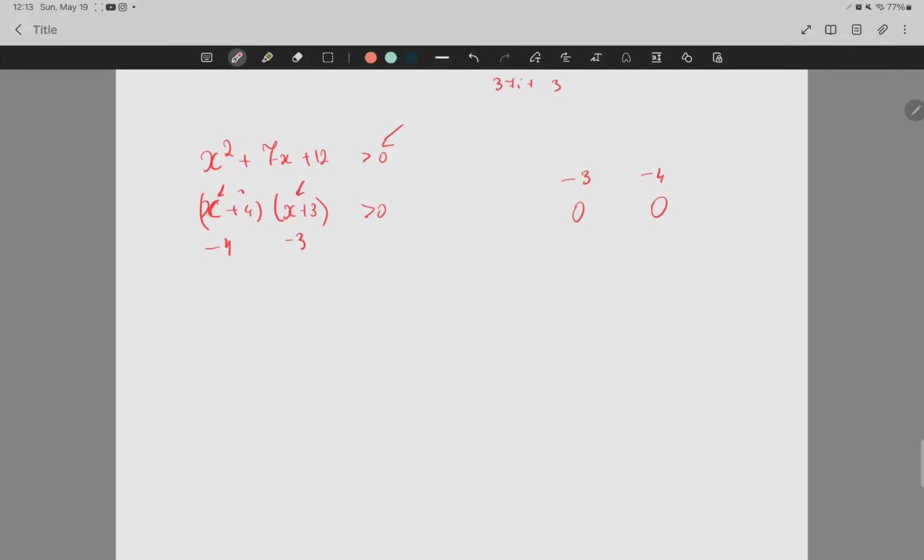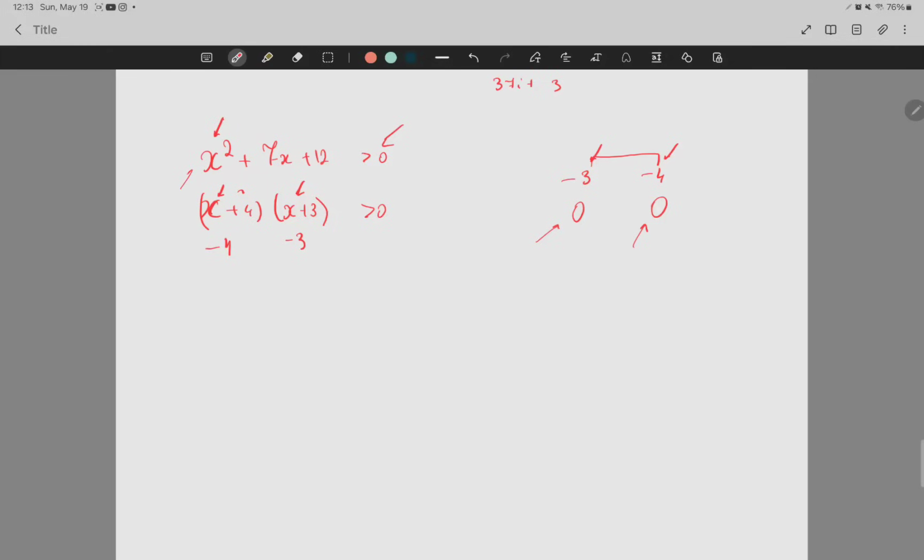You write it in a table like this. Now we're going to take a look at the signs. When x equals negative 3, y is 0, and when x equals negative 4, y equals 0. What are you going to do from here? In between my two roots, the sign is always opposite to my quadratic.